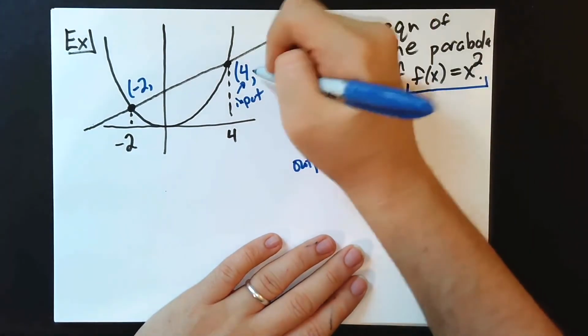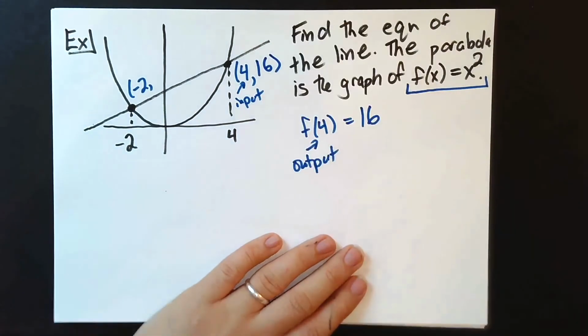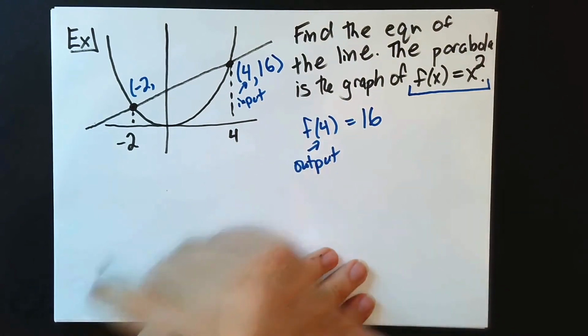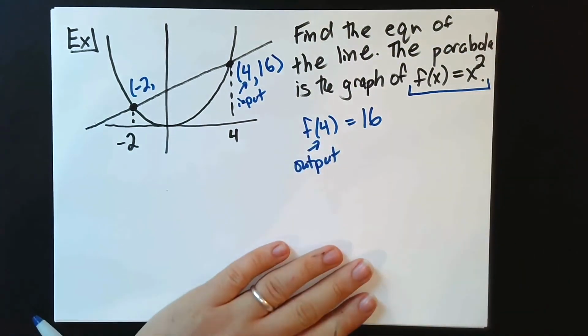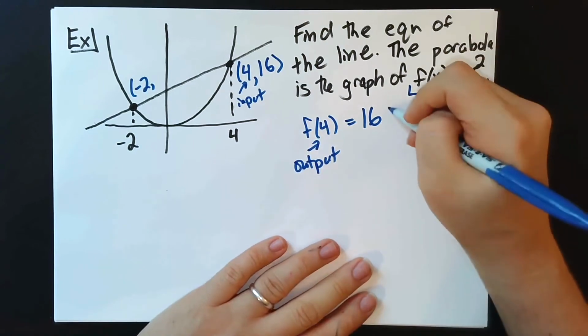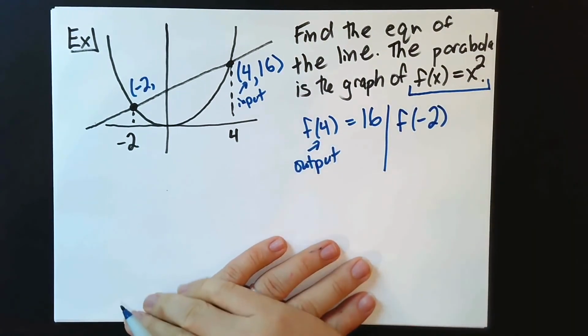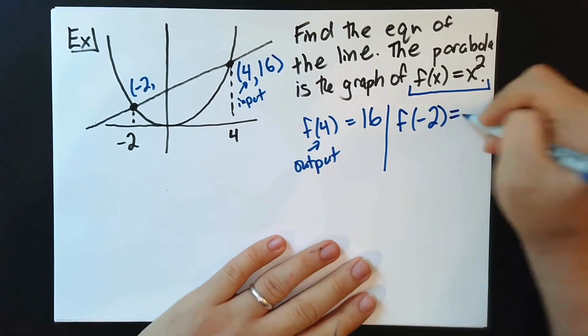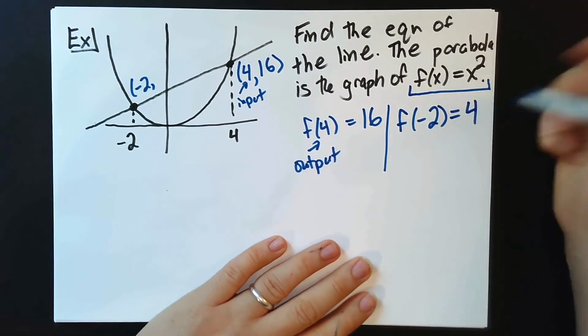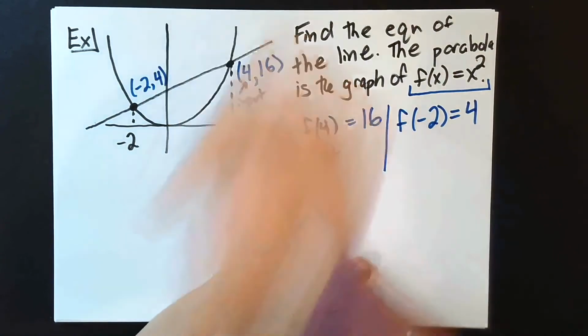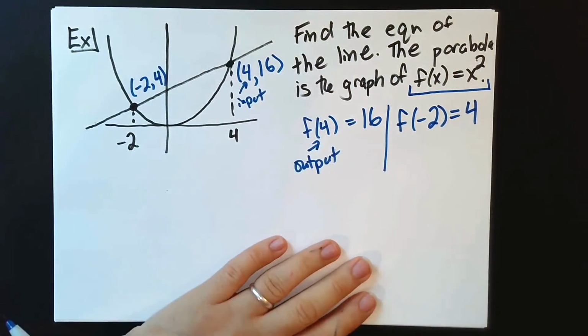So this point here is 4, 16. Likewise, over here, I have an input of minus 2. What output does that correspond to? It corresponds to f of minus 2, and that is 4. Note it's positive 4, because the square of a negative is always positive.